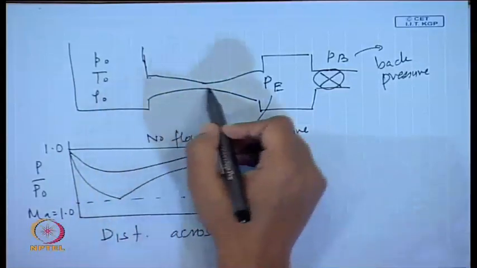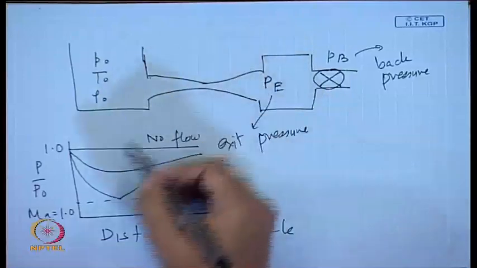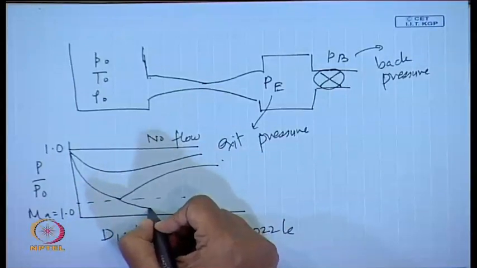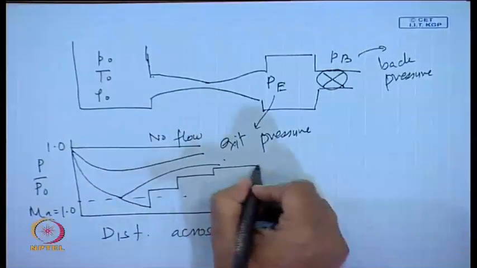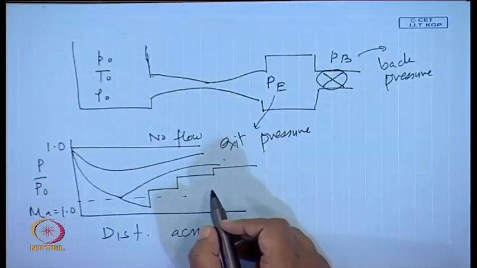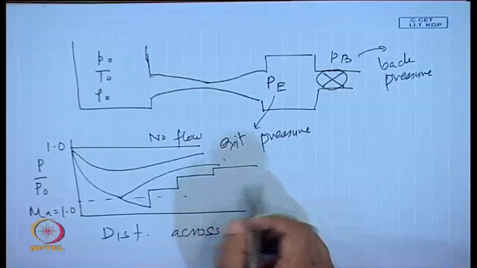But in this diverging section the flow initially becomes supersonic, and then it tries to adjust itself by a series of shock waves, the normal shocks which are standing inside the nozzle. I would not like to go into the details of shock waves etc., because compressible flow is not my topic, multiphase flow is. I just wanted to teach a little of this, so that you have some idea of compressible flows and you can correlate it when we come across that.